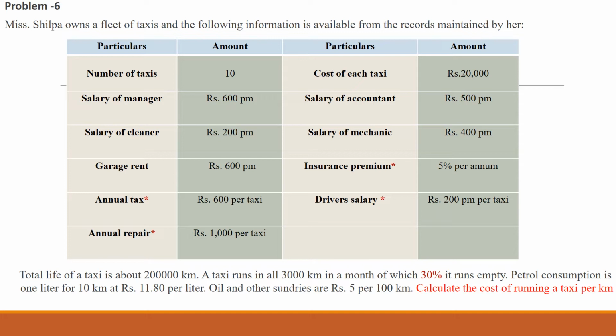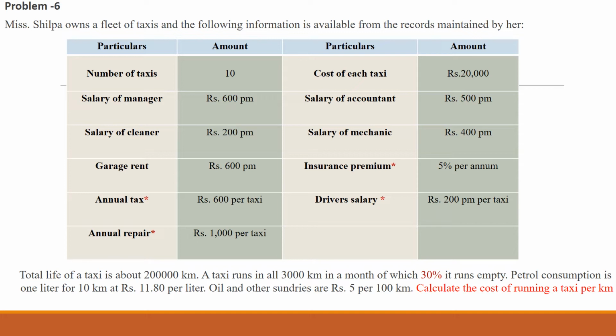So in this problem, we have to calculate the cost of running a taxi per kilometer. So the cost of running one taxi we have to calculate. This problem is given for the 10 taxis and the insurance premium is given on the basis of 5% per annum.